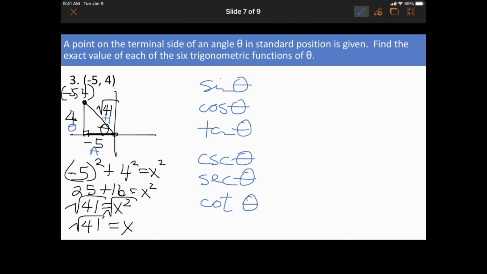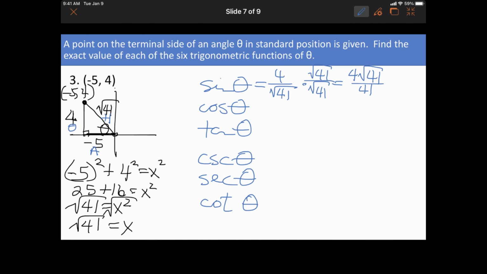All right, so I have opposite over hypotenuse, 4 over square root of 41. Don't like the square root of 41, going to multiply that. So it's 4 root 41 over 41.